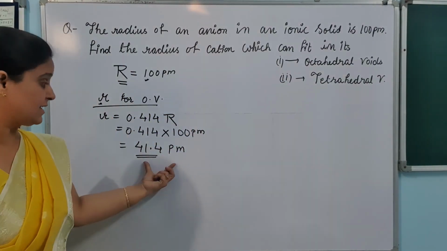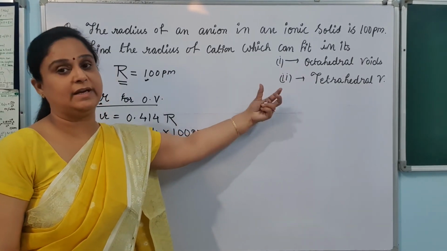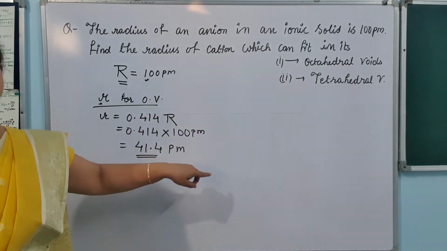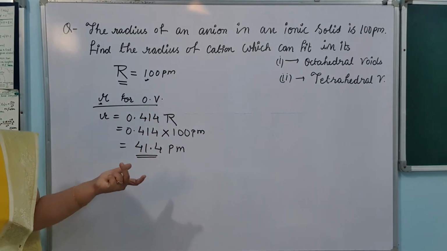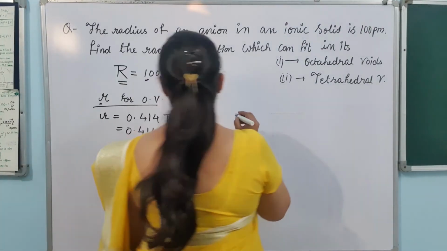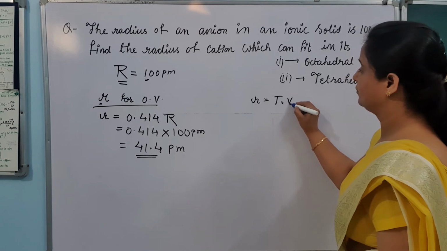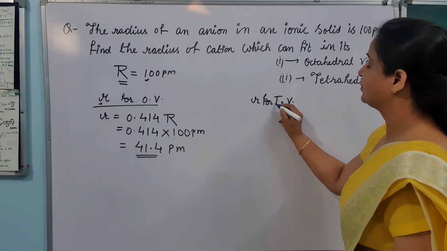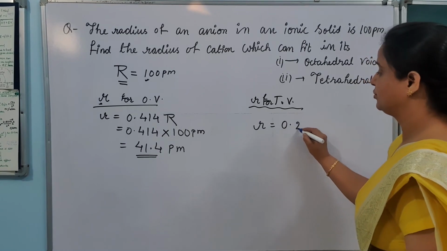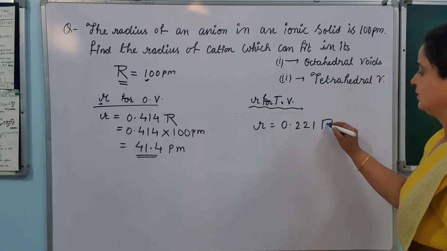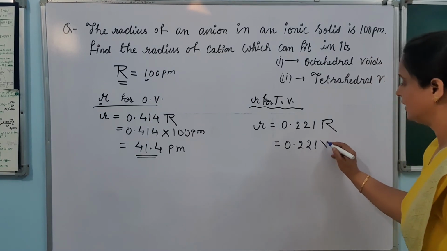But this size of atom cannot be fitted into tetrahedral voids because they are a little smaller. So let's find out what the radius of the atom should be to occupy tetrahedral voids. For tetrahedral voids we can calculate: small r equals 0.221 capital R, which is 0.221 into 100.